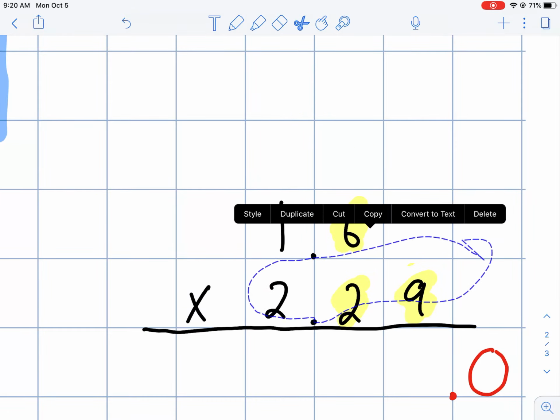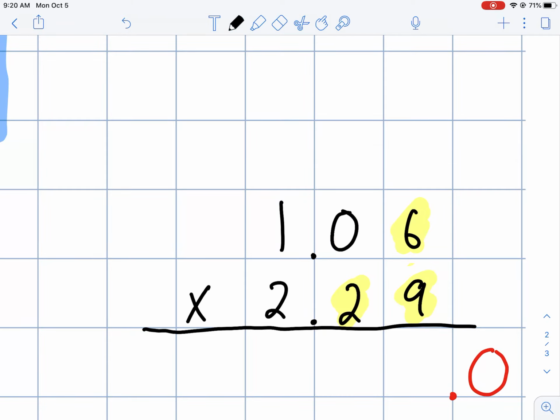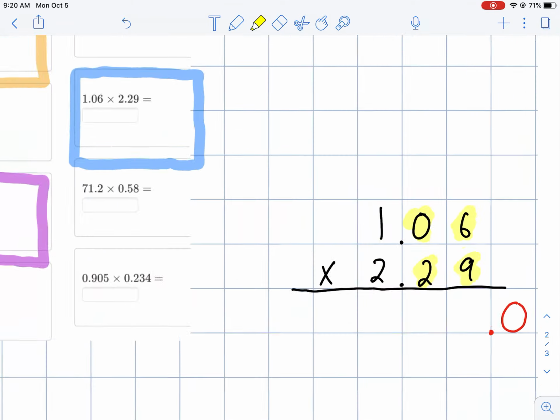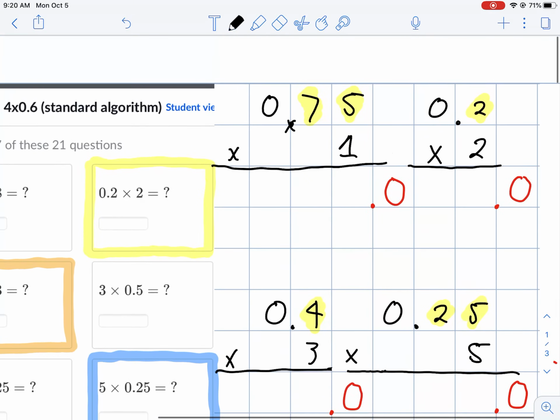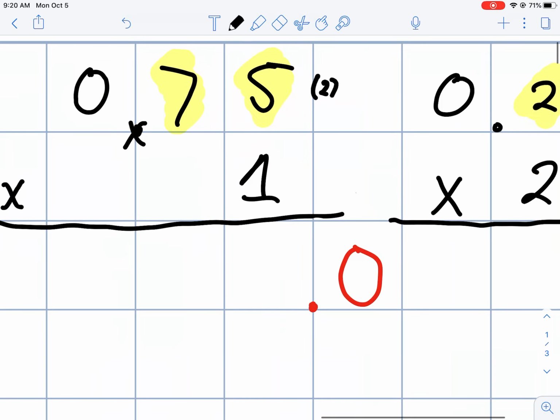But since it is a 0 preceding the last digit, we have to include it. I know we're carrying numbers and we don't want a bunch of little numbers, but here, that 2 is important. I don't think you really need to write it there.